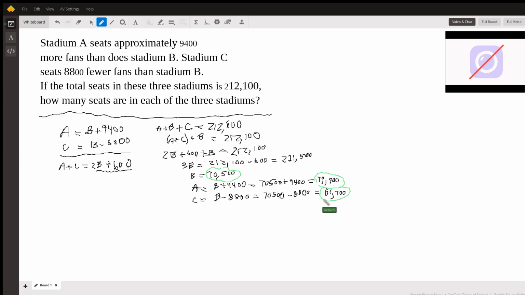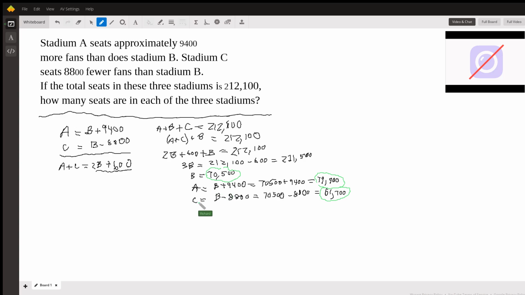And we've done it. If you have the time, since this is homework, I think it's good to add these three together and make sure that they add up to 212,100, which is what we started with, and they do.